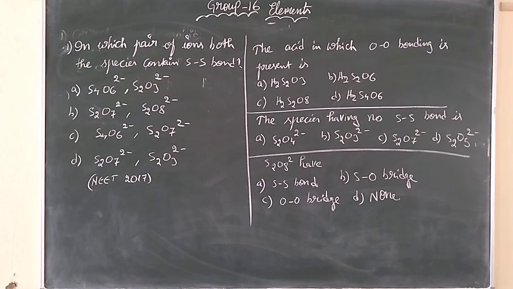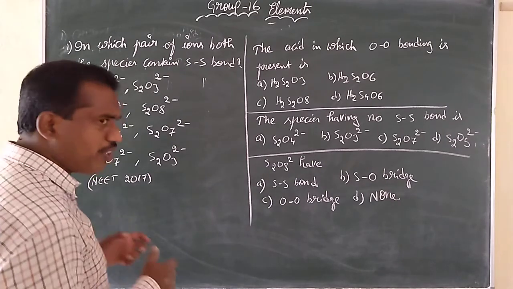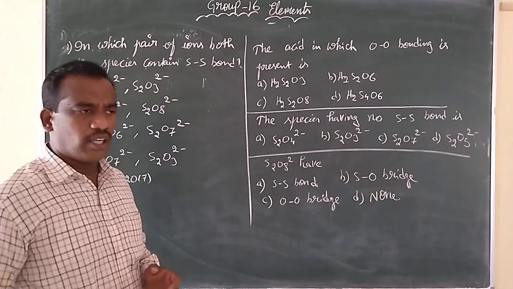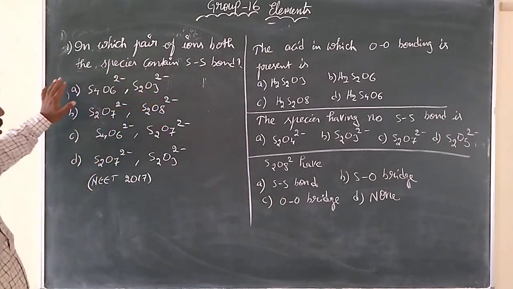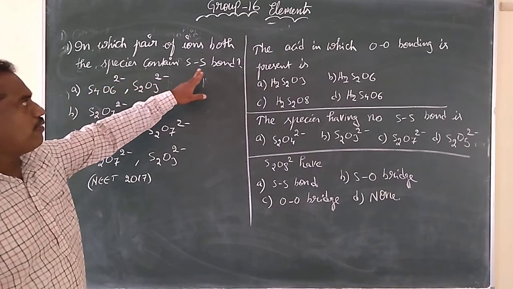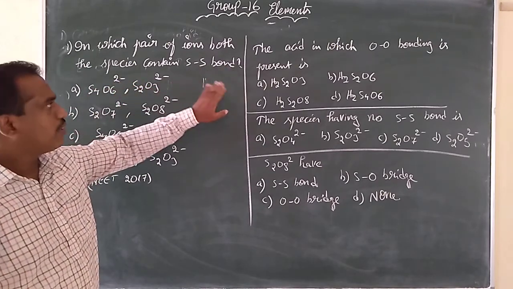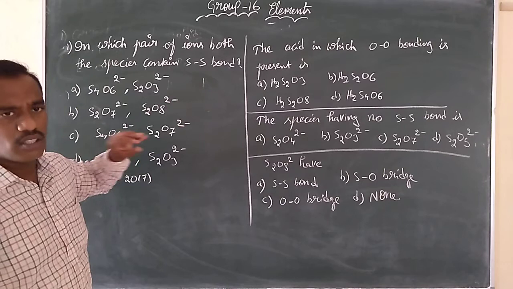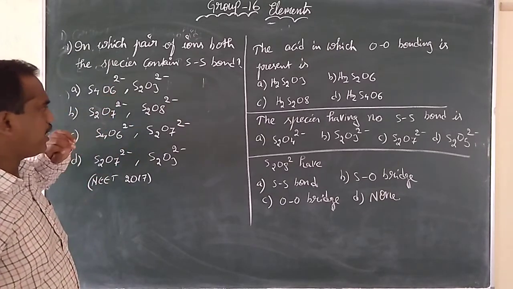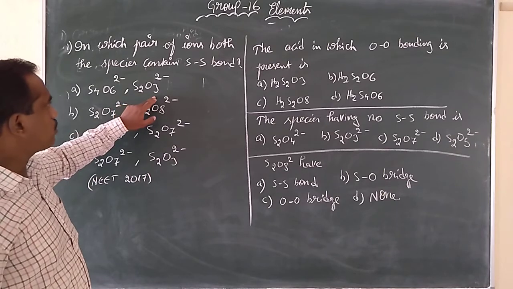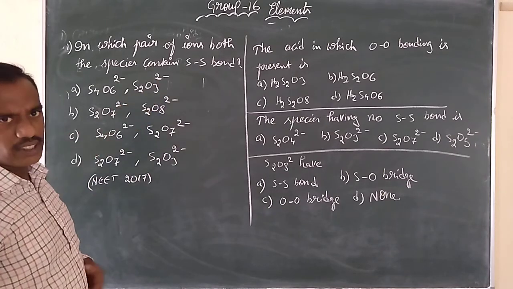See children, here we have some questions from this topic that I have taught now. In which pair of ions do both species contain sulfur single bond sulfur? S4O6 2 minus, S2O3 2 minus.